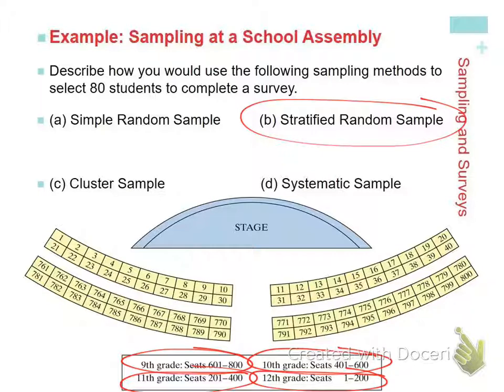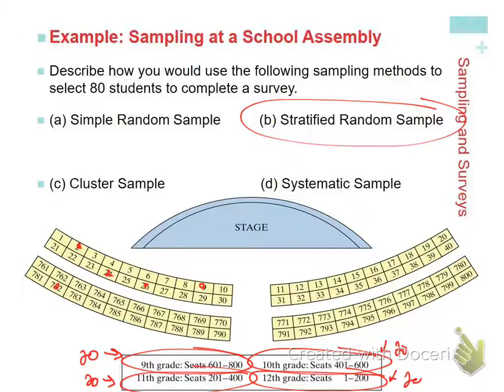Okay, so now what we're going to do is, if I want 80 students, I've got 4 strata. I'm going to randomly choose 20 from there, 20 from there, 20 from here, and 20 from here, right? And I'll probably still have to walk all over the place. I'll probably choose this one, this one, this one. I might choose this one.